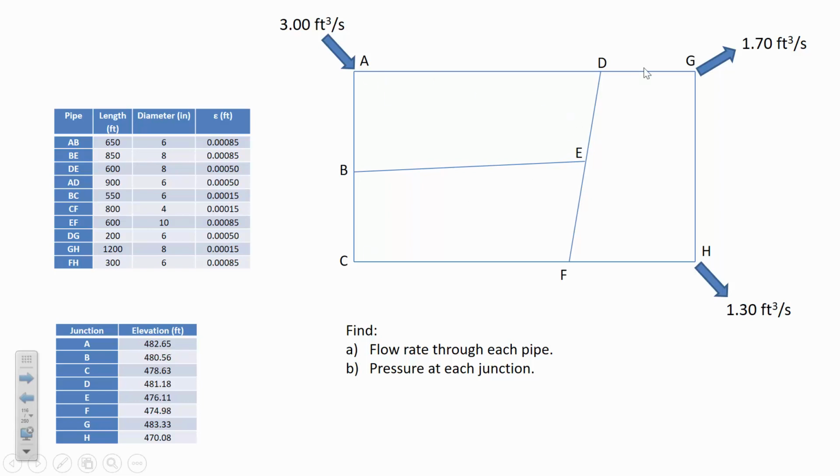If there was 0 flow, just static conditions, we'd expect the pressure at B to be higher because the elevation is lower. It's like you're downhill from A to B. The elevation is lower, so the pressure should be higher because of that, but there are also head losses through the pipe. So it's the combined effect of the delta Z and the head loss through the pipe that will allow you to estimate the pressure at junction B.